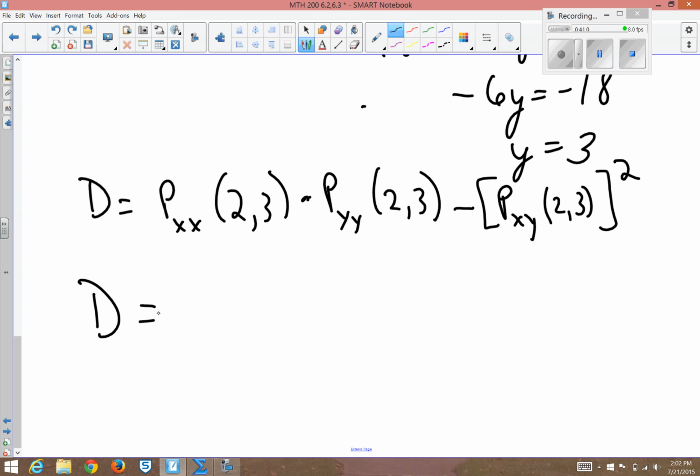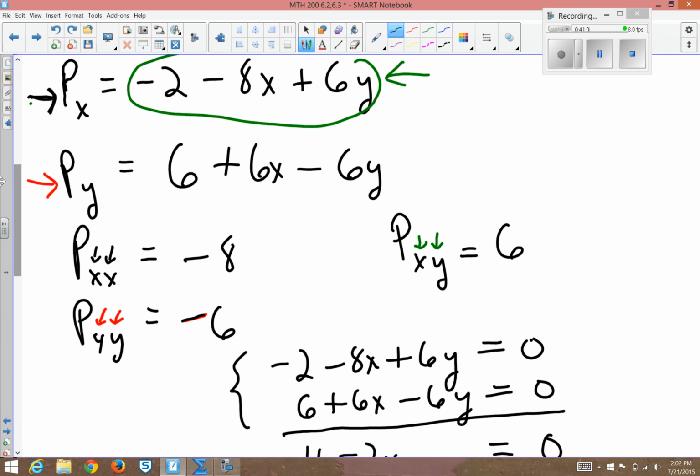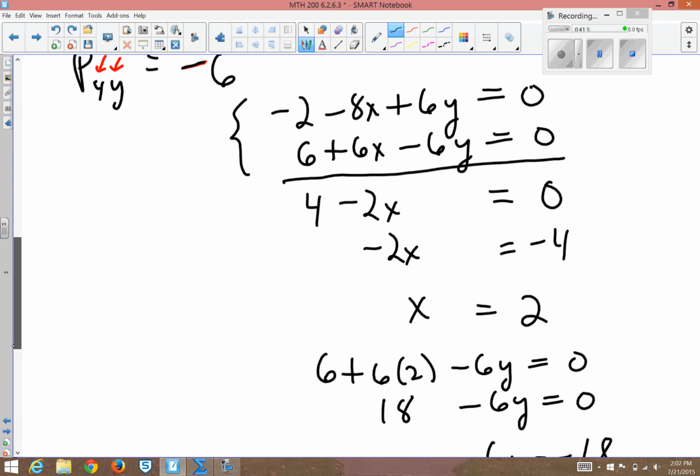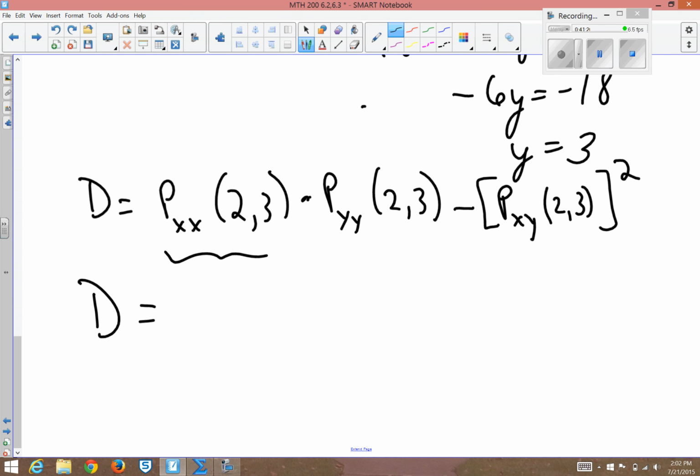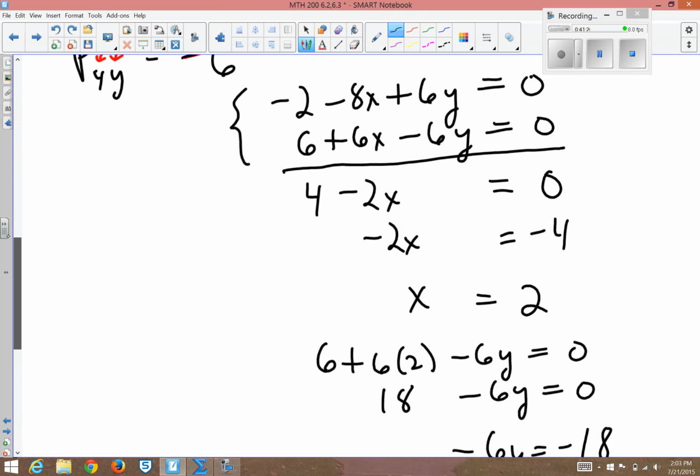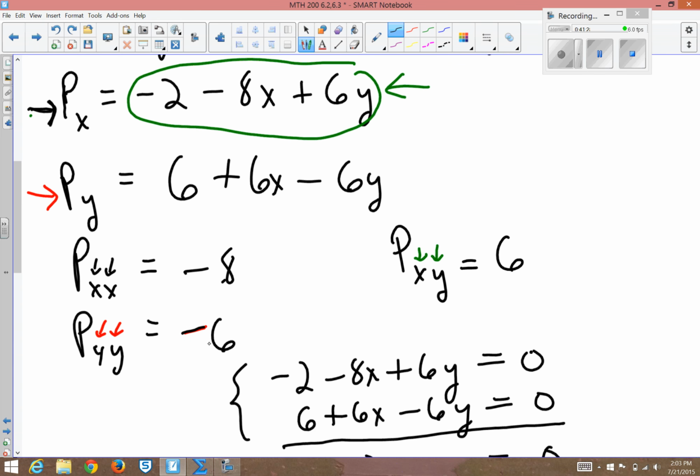We're going to figure out this number. It's called D. So P subscript xx, somewhere around here. That's negative 8. This means it's negative 8 no matter what x and y are. So we really don't need the 2 and the 3 right now. P subscript xx is always negative 8. P subscript yy, that's right here, negative 6. Once again, that's always negative 6.